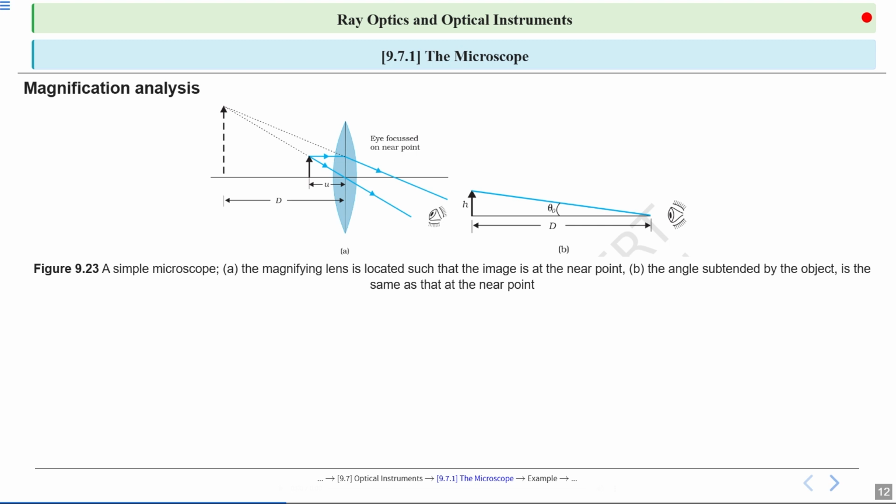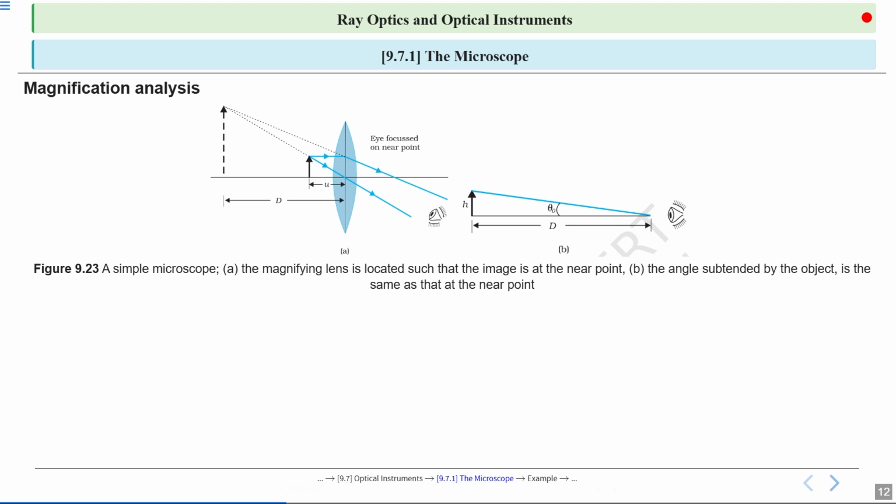Okay, in diagram A, it is again the same diagram in which the image is formed at the near point and the object is placed within the focal length. And in diagram B, we see the angle subtended by the object at the eye when it is placed at the near point.